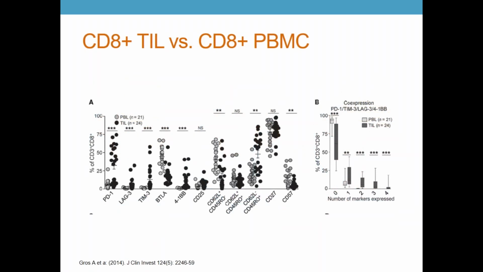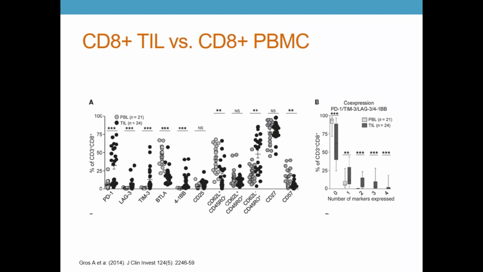Now, one of the interesting things when we go about identifying all of these is we can get our T cells from two sources. We can get them from the T cells in the cancer, the tumor infiltrating lymphocytes, or the circulating T cells, the peripheral blood mononuclear cells, but we have to be very careful. If you look at this slide, which comes from 24 melanoma patients, that Gross and colleagues published just about two years ago, look over at PD-1 expression.